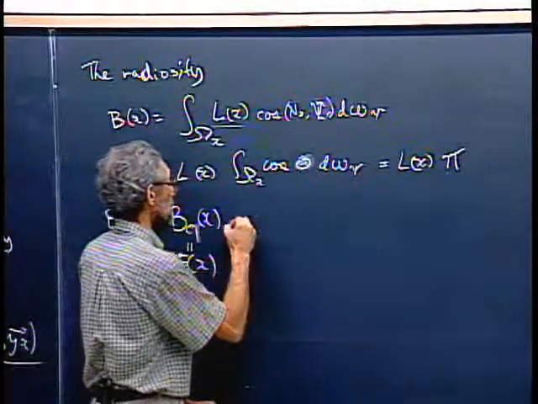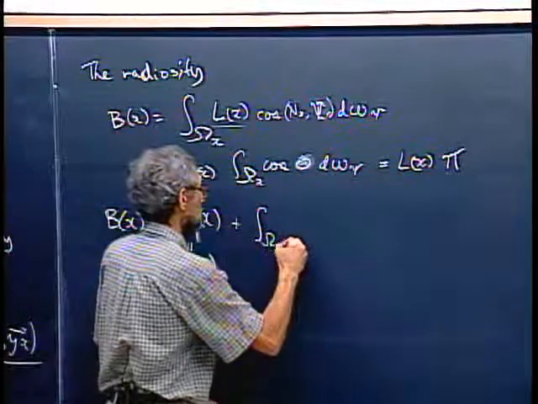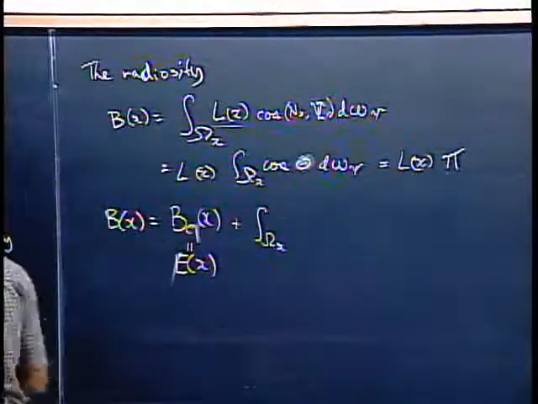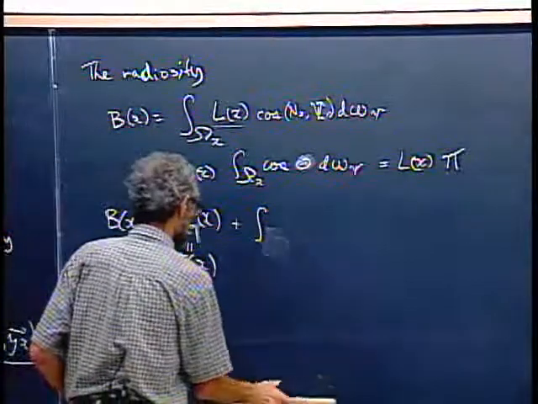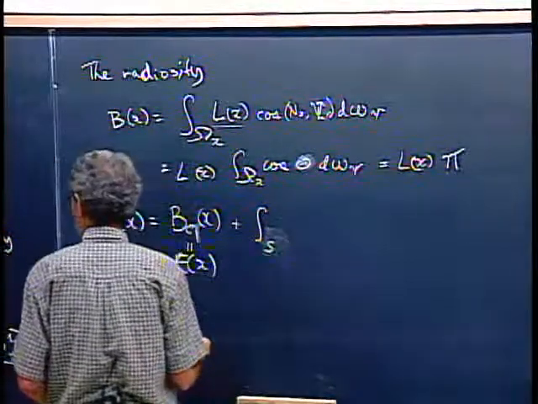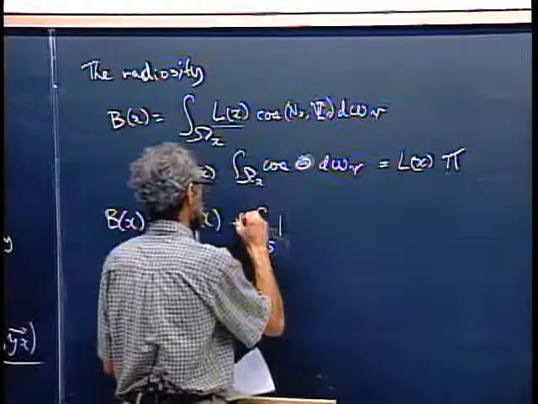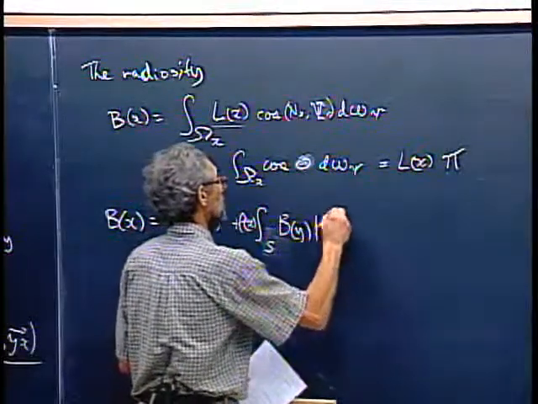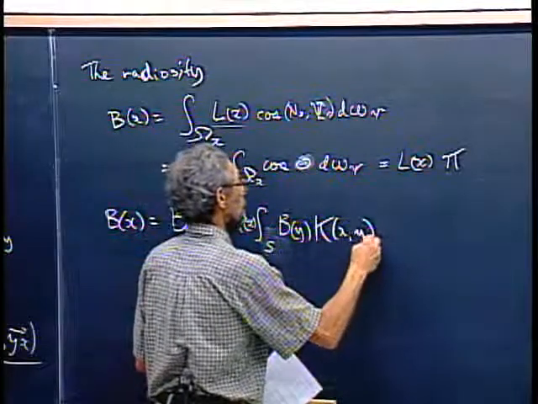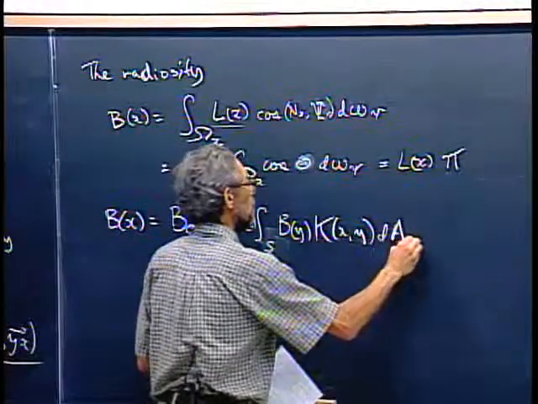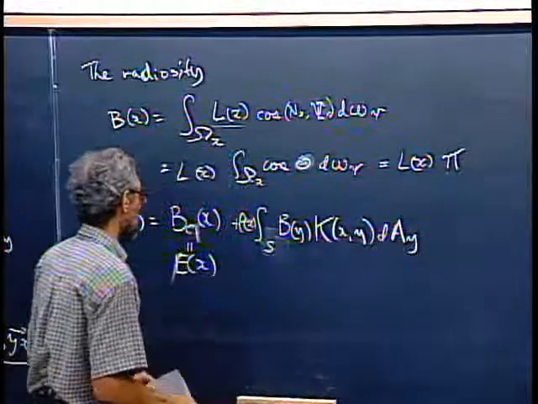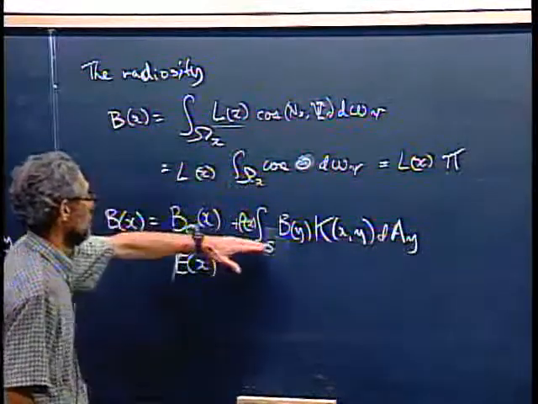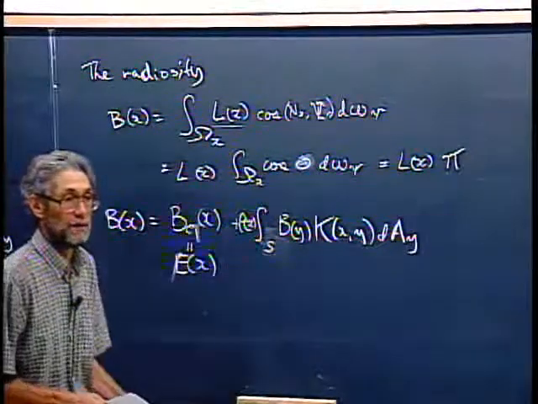But anyway, plus the integral over all surfaces, I'm sorry, because I'm using the surface form. And now it's just going to be rho of x, B of y times this kernel K(x, y), dA at y. So all I did was multiply all the terms in this equation by pi, and that changes all the radiances to radiosity.